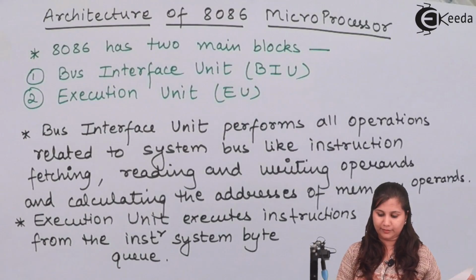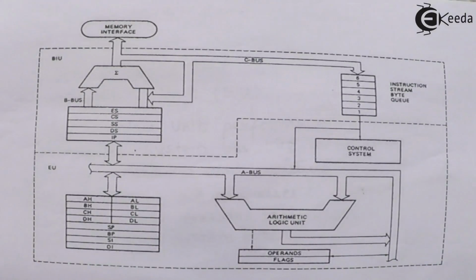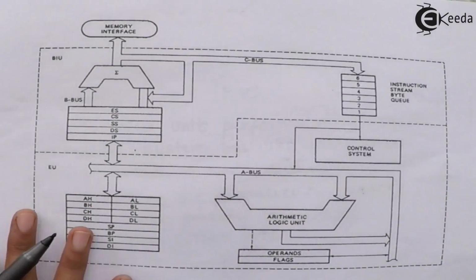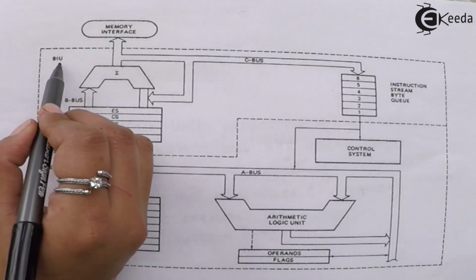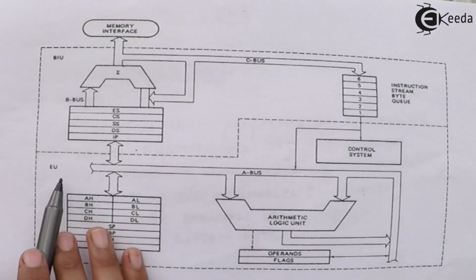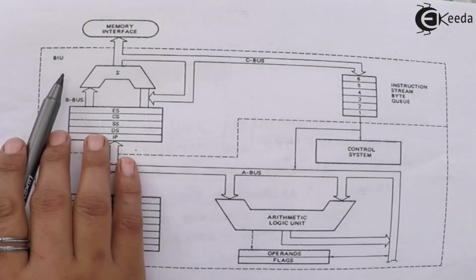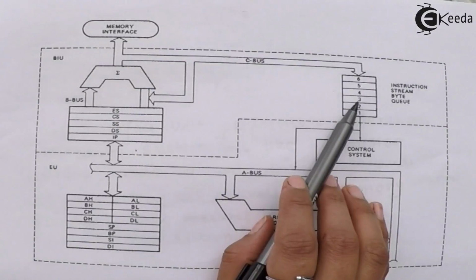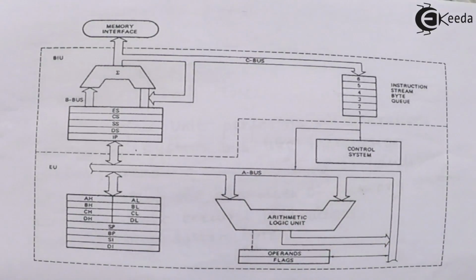So let us see the block diagram or the architecture of the 8086 microprocessor. This is the block diagram in which we have the two blocks. The upper part is the bus interface unit BIU and the lower part is the execution unit EU. In the bus interface unit we have the instruction queue, in which the 6 instruction bytes are stored, because the 8086 has a facility to prefetch 6 instructions at a time.